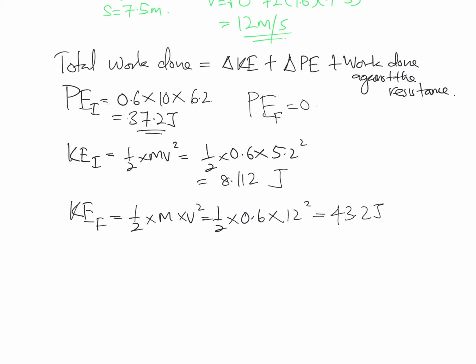Now we have all the information, so let's plug that in. Total work done, we are not pulling anything, so there's no total work done, so basically this is 0. We are not lifting or pulling anything, it's just a free particle moving upward and then coming down. There's no pull or push, so that's 0.